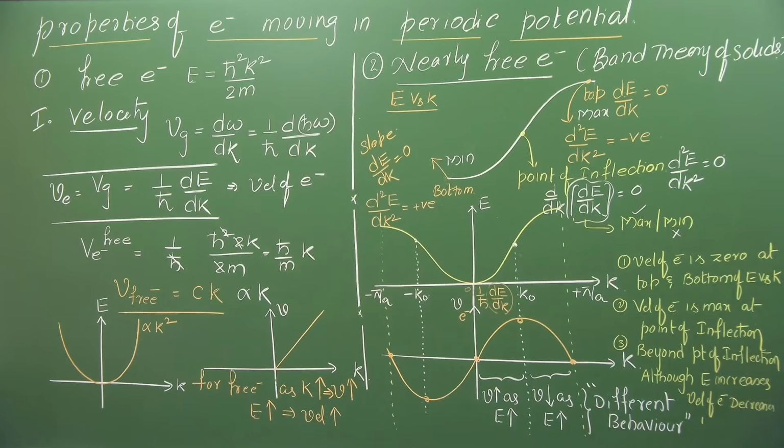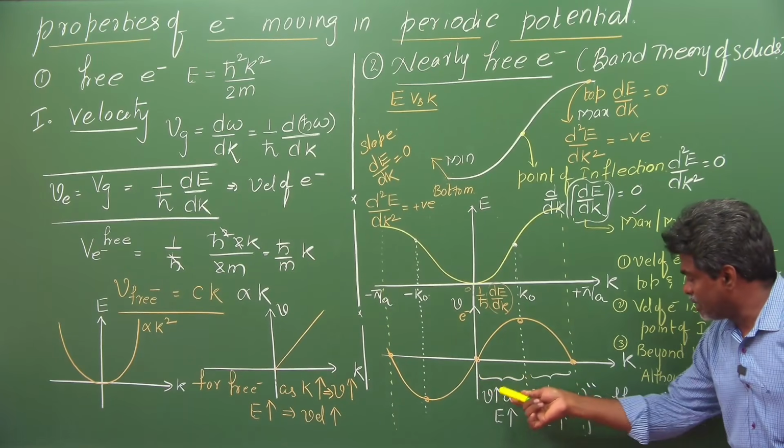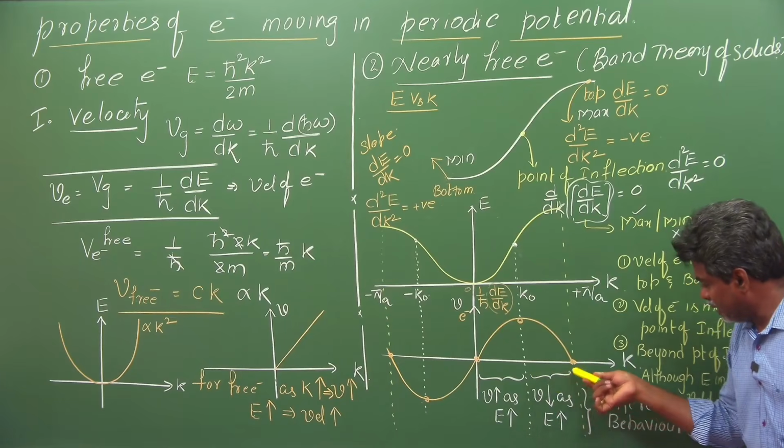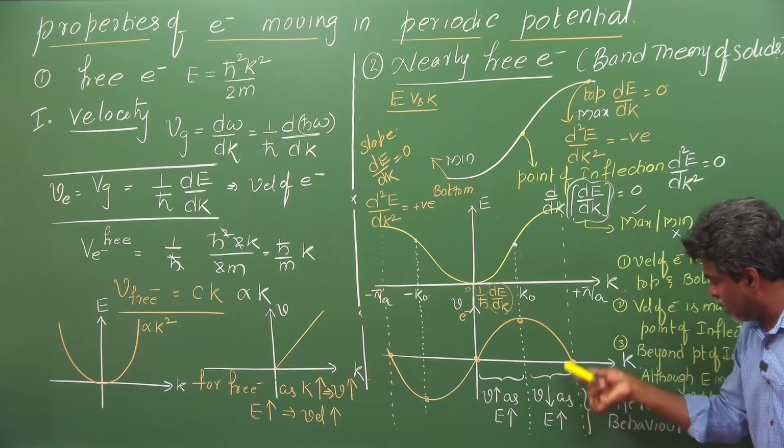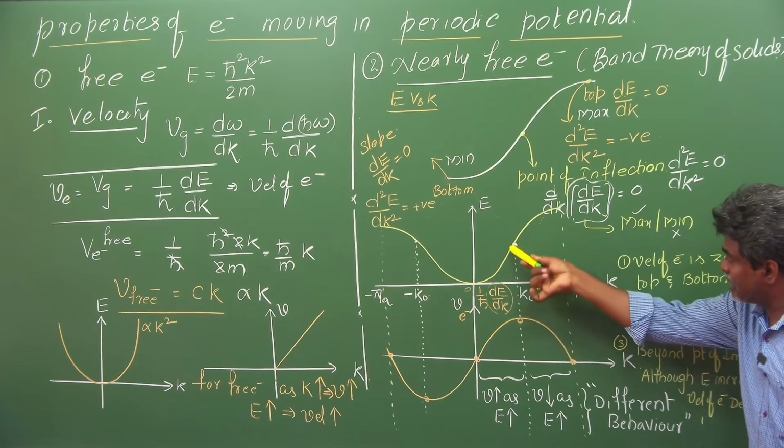Although energy of the electron increases, velocity of the electron decreases. That is the different behavior. Here I have shown, in this region velocity increases, but in this region velocity decreases, although energy is increasing.